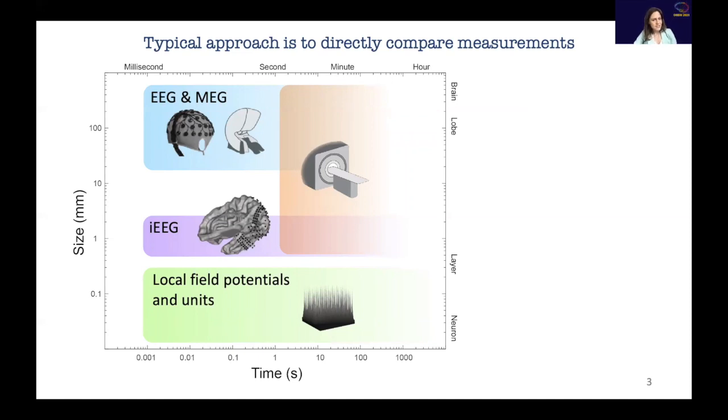Local field potentials and single units, of course, measure at the level of layers and single neurons, but also measure sparsely in a few select areas. Whereas fMRI can measure the entire brain with a millimeter spatial resolution, but lacks temporal resolution. So we compare these measurements in order to understand how each of these is related.